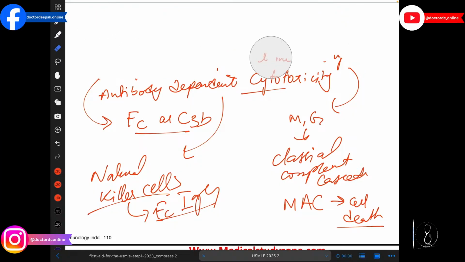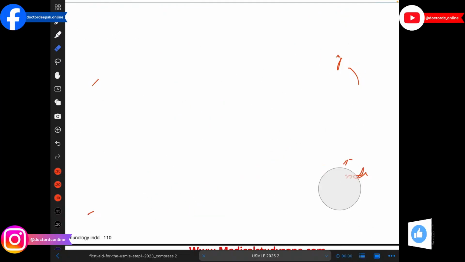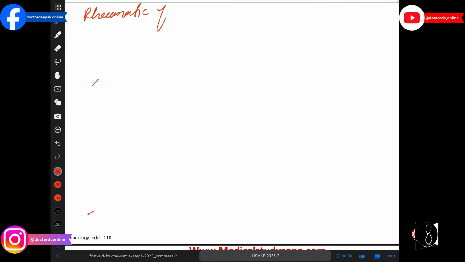For an example of type 2, we have rheumatic fever, with strep antibodies that cross-react with cardiac myocytes.